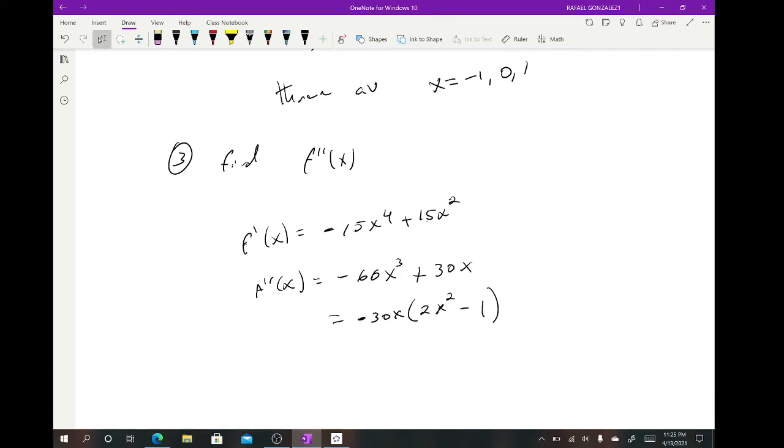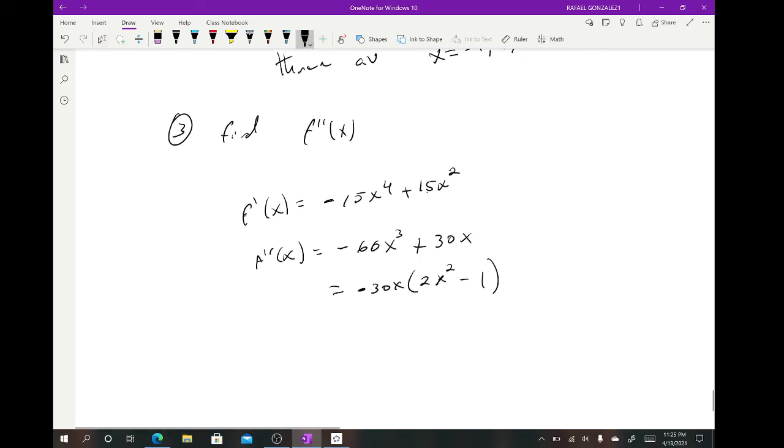And now I can apply the second derivative test. How can I apply the second derivative test? Well, I can simply plug in the values for f. So the fourth step is to apply the second derivative test.